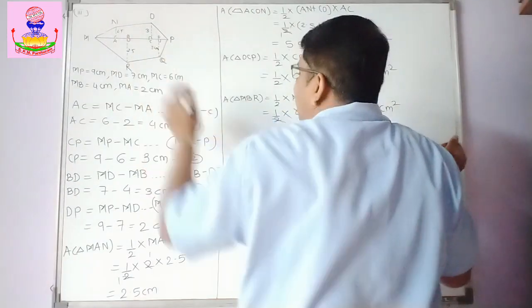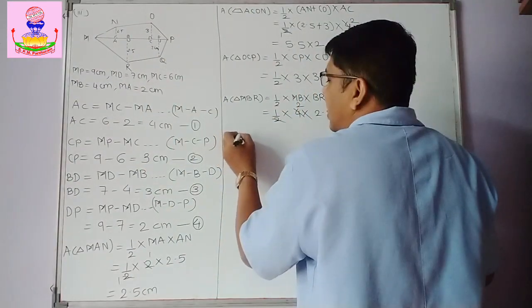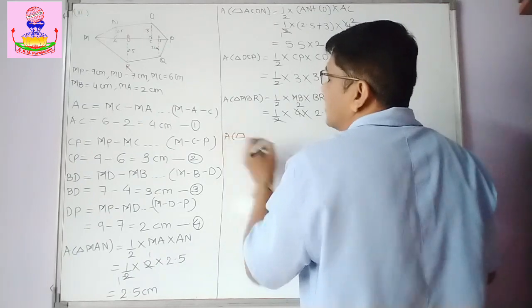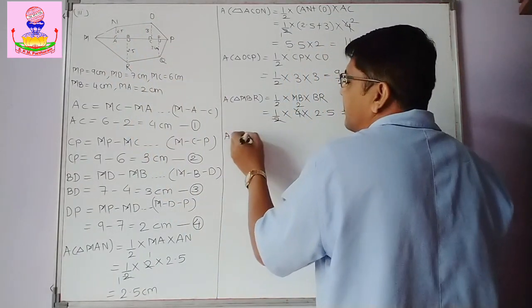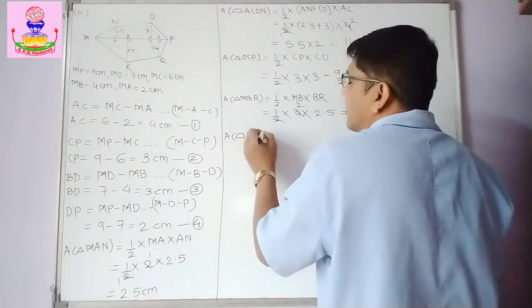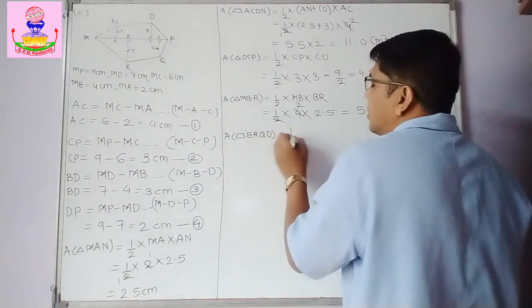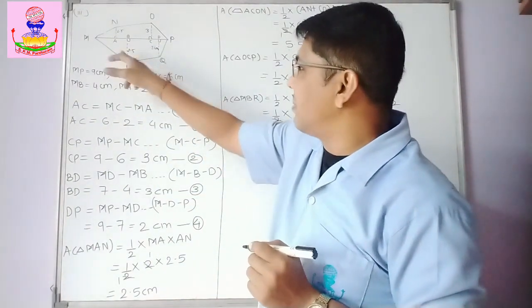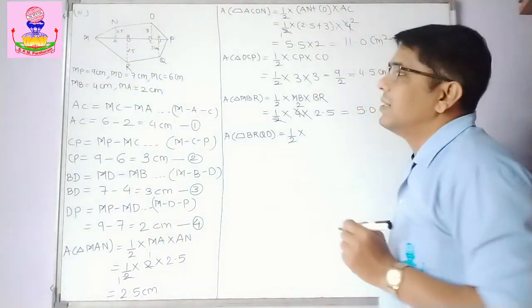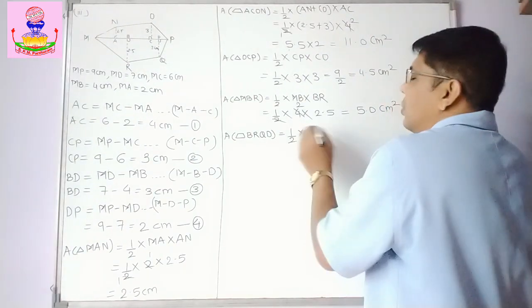Then next figure is trapezium. So area of trapezium BRQD. Now that is equal to half into sum of the parallel sides. So these two are the parallel sides, BR and DQ, right?